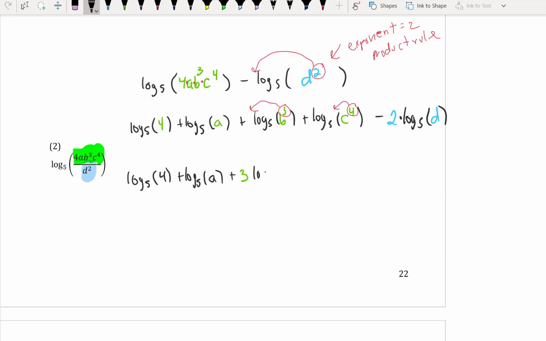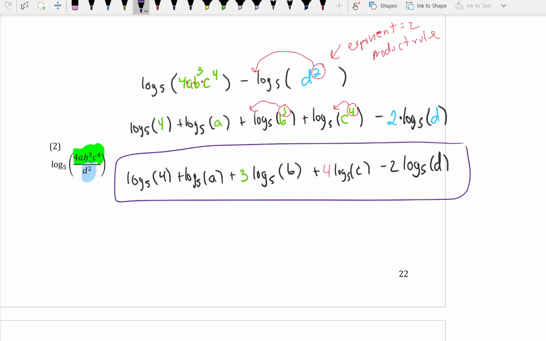So 3 log base 5 of b plus, and that 4 comes out in front, log base 5 of c minus 2 log base 5 of d. So all of that becomes my final answer.